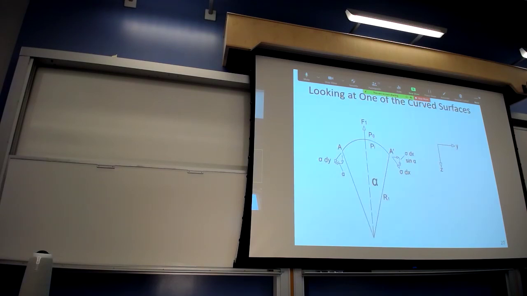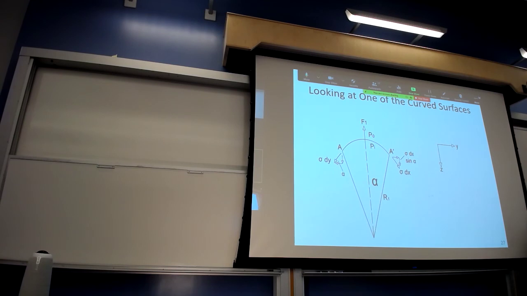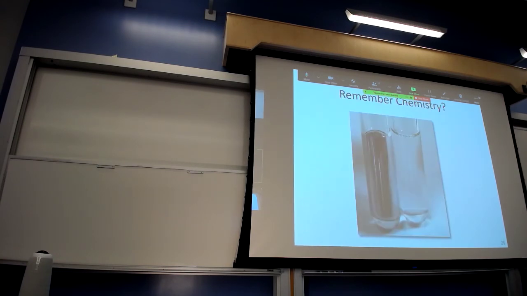So again, we're going to look at the edge of this, and we're going to perform an analysis in the vertical direction. And so what we're going to hypothesize is that there's a difference in pressure. I'm just going to zip back again. We're going to hypothesize that we have one pressure here and another pressure up here, that there's a difference in pressure, and they're both right at the interface.